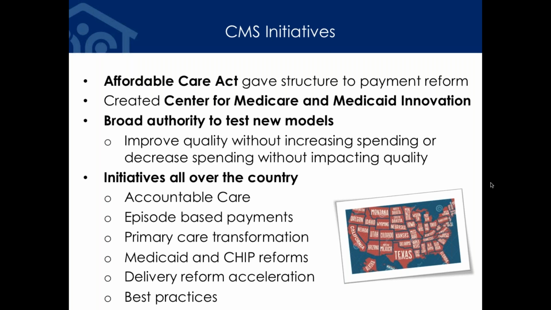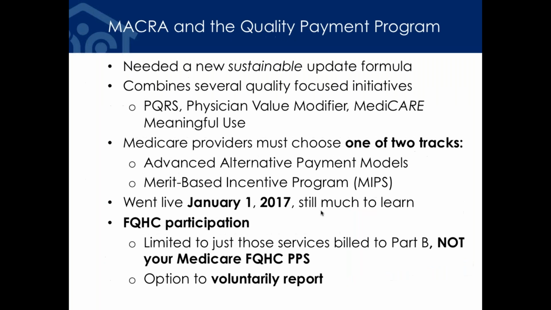And so we see a number of initiatives: accountable care organizations, episode-based payments, different primary care models, both in Medicare as well as in the Medicaid space in partnership with states, and then different best practices and other outlets.